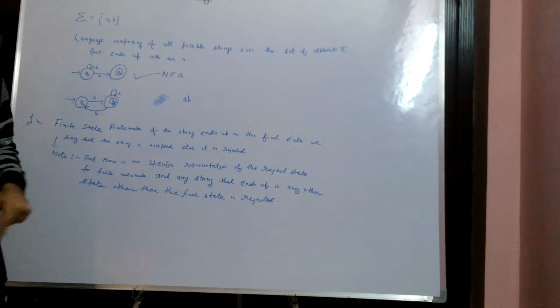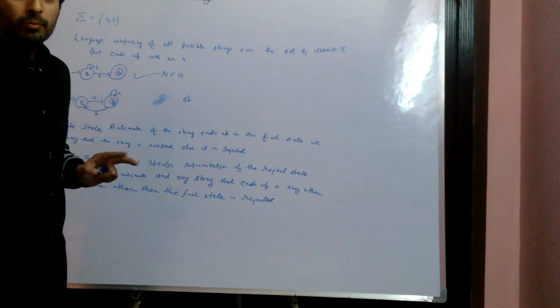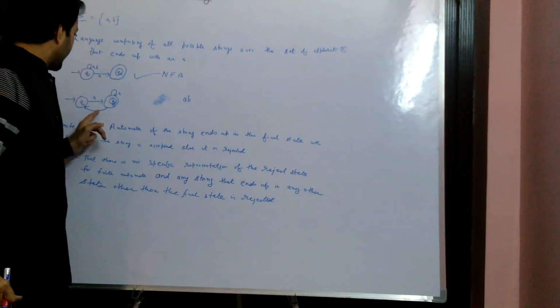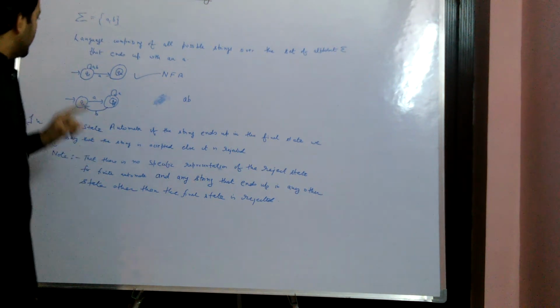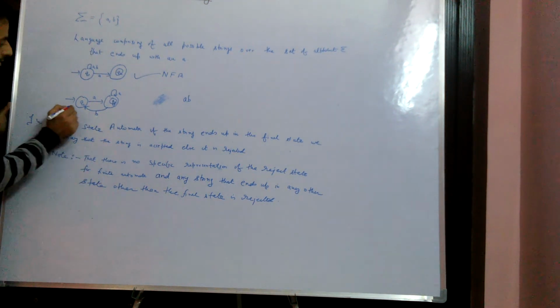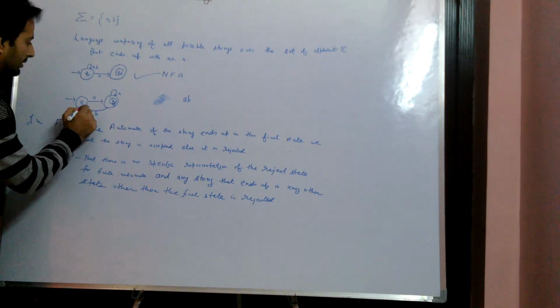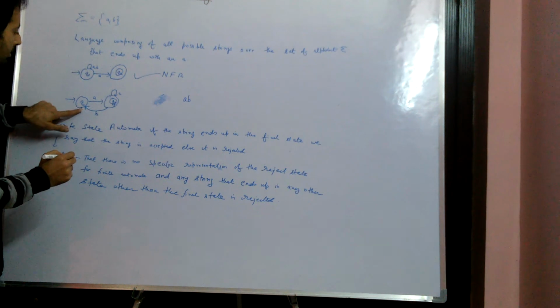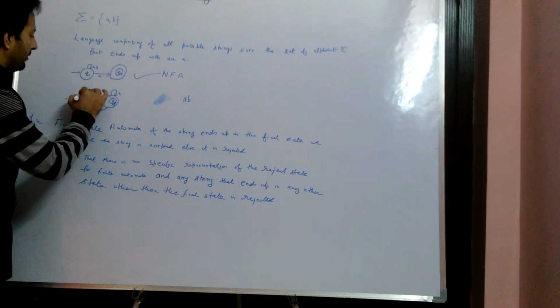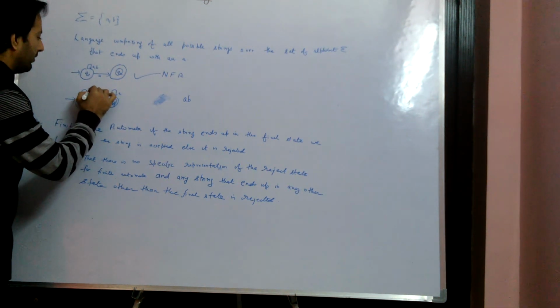So this string has been rejected, but there are many more possibilities. Suppose the string is not starting with A. For that, we are going to have, okay, if the string is not starting with an A, we have no problem. We will stay over here only.